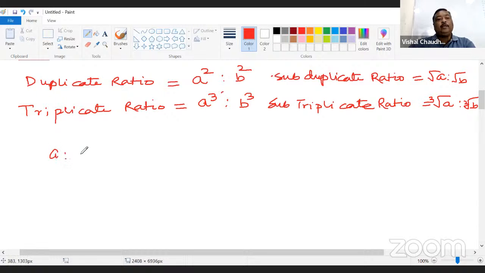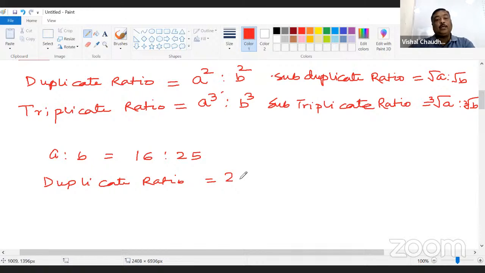Suppose I have A is to B as 16 is to 25. So what will be my duplicate ratio? Duplicate ratio will be 16 square, that is 256, is to 625. What will be my subduplicate ratio?